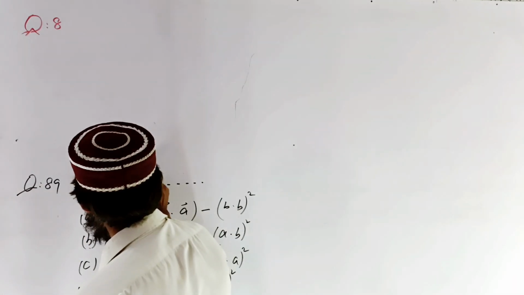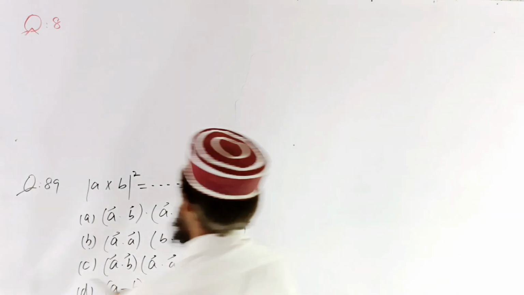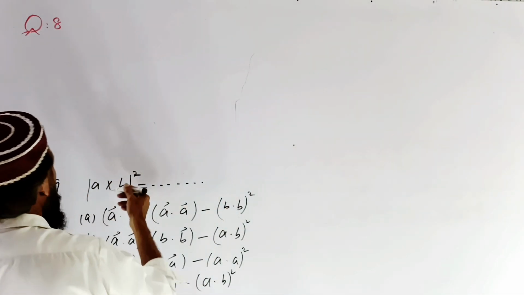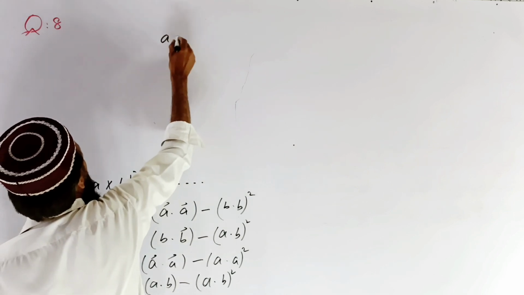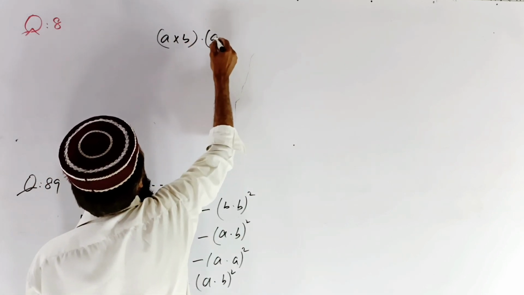Cross product is given. What is the result of A cross B into A cross B?